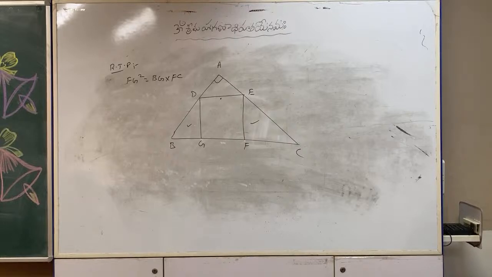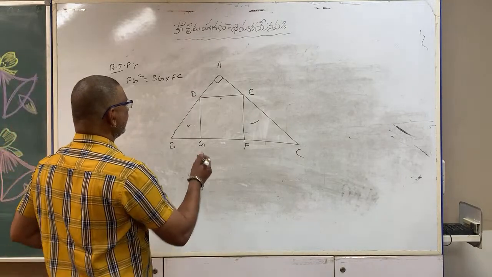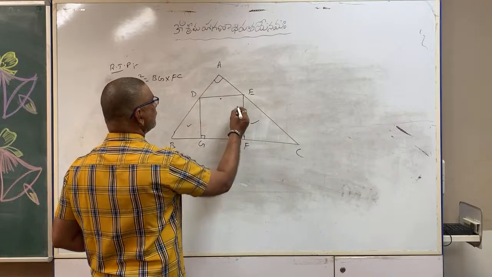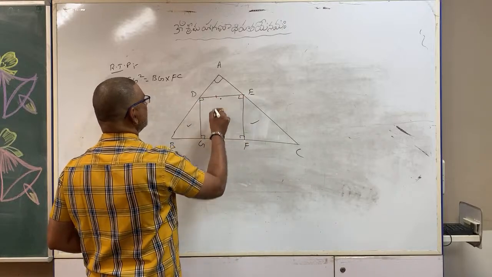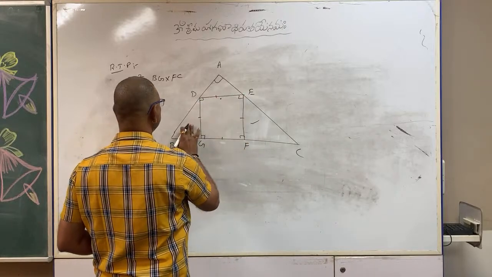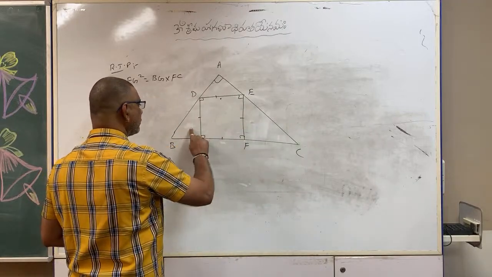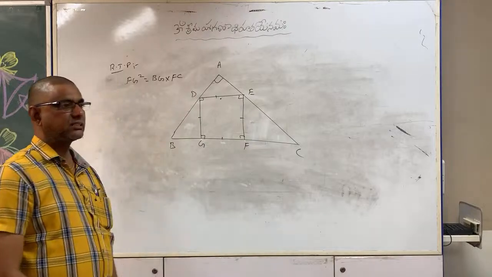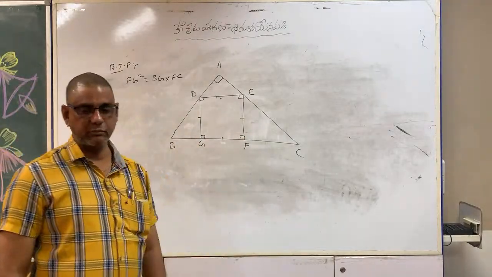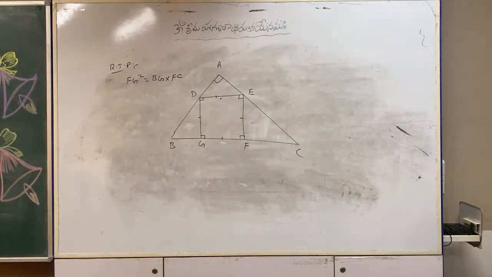Fast children. It is a square, all sides are equal. We have to prove these two triangles are similar. How to do it?